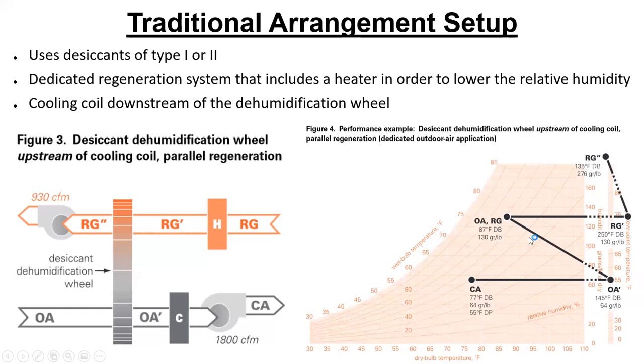So we are pulling a bunch of moisture out, but we're also creating 145-degree air, and you probably don't want to blow that directly into the space. Somebody's going to object pretty quick. So then we have to add a cooling coil that does sensible cooling. We're not condensing anything out. That air is far too hot. We're way far from the dew point.